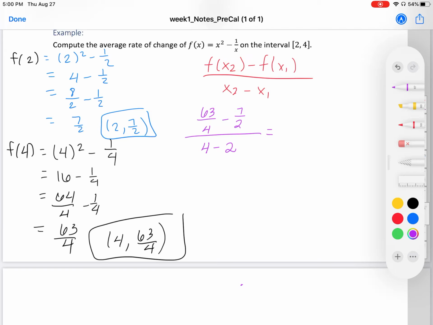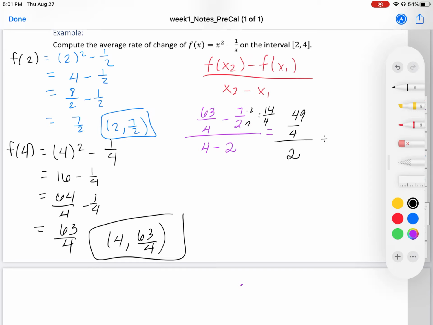Well, we first need to get a common denominator. So multiply top and bottom by 2, and we get 14 over 4. So 63 minus 14, we get 49 over 4, divided by 2.